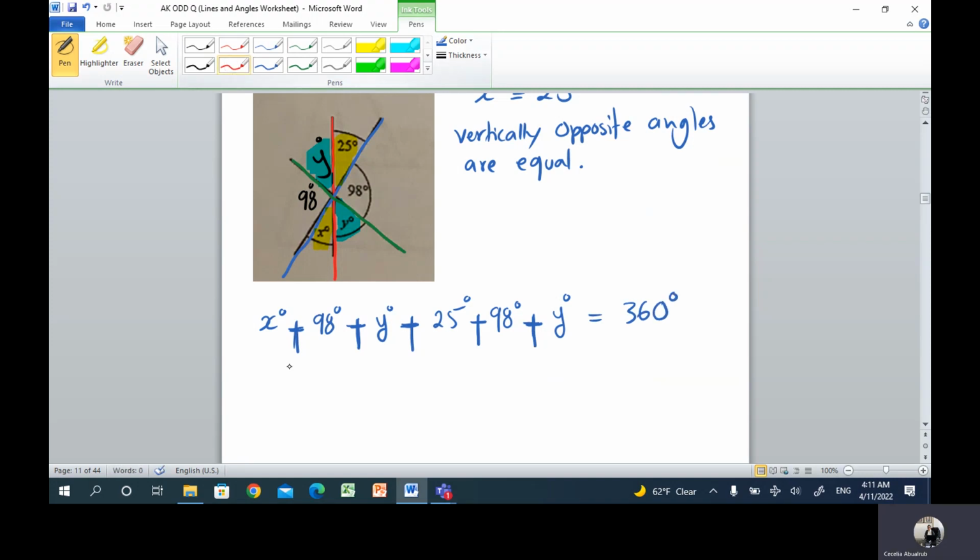Let's collect like terms. So x, there is no other x, so x will come down as is. And then 98 plus 98 is 196. Sorry, here I forgot that 25.